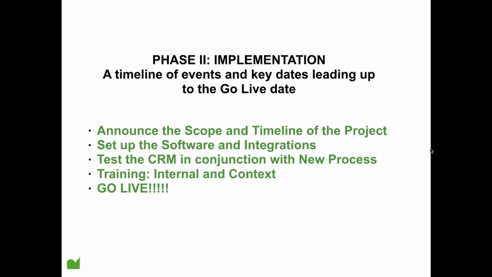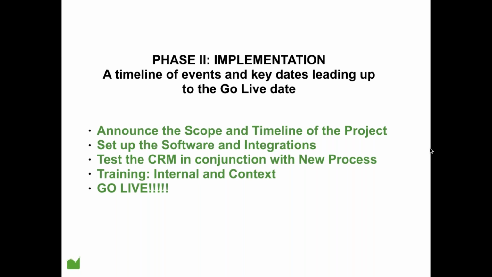You're going to set up the software and any integrations that go with it. You're going to want to do a test run of the CRM with users who are actually going to be using the system, and then you want to train everybody else and begin preparing everybody for that go live date.